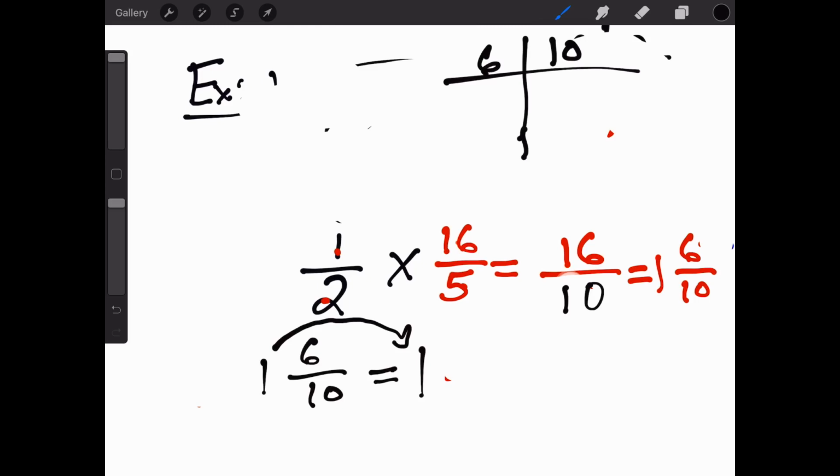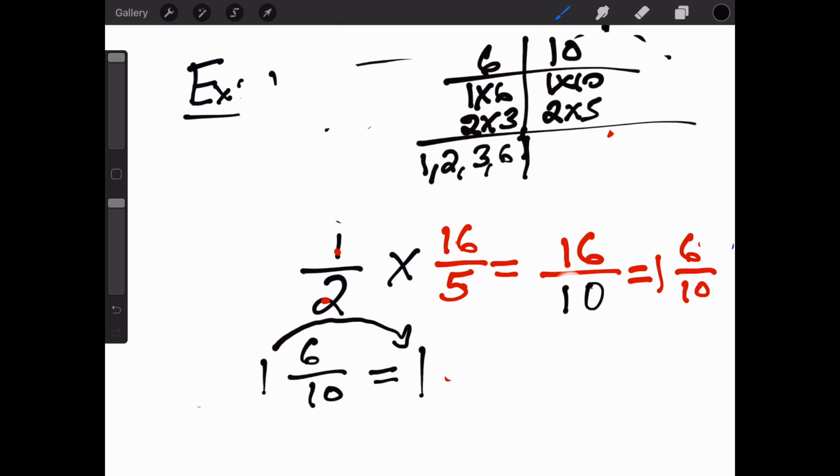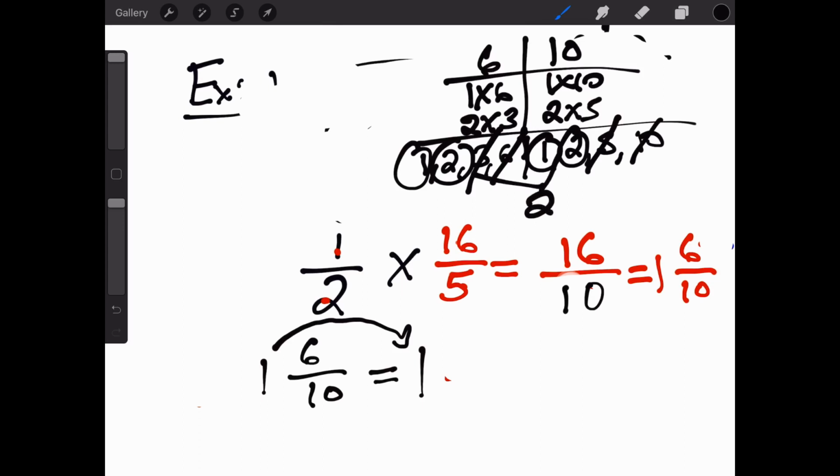Some of you should know this by heart already. 1 times 6, 2 times 3. 1 times 10, 2 times 5. We have a 1, a 2, a 3, a 6. We have a 1, a 2, a 5, and a 10. We have a 1 on both sides. We have a 2 on both sides, but we do not have a 3. We do not have 6. Don't have 5, don't have 10. So our GCF is a 2.